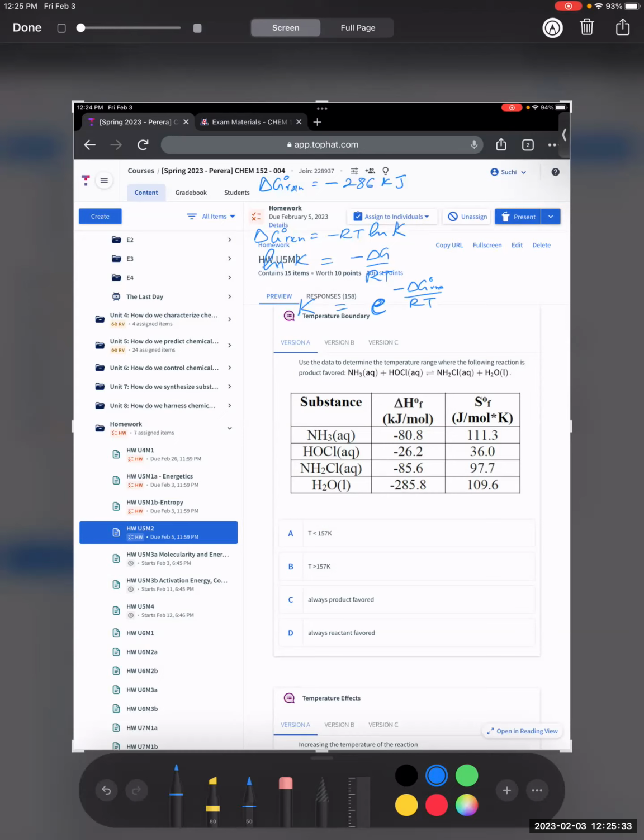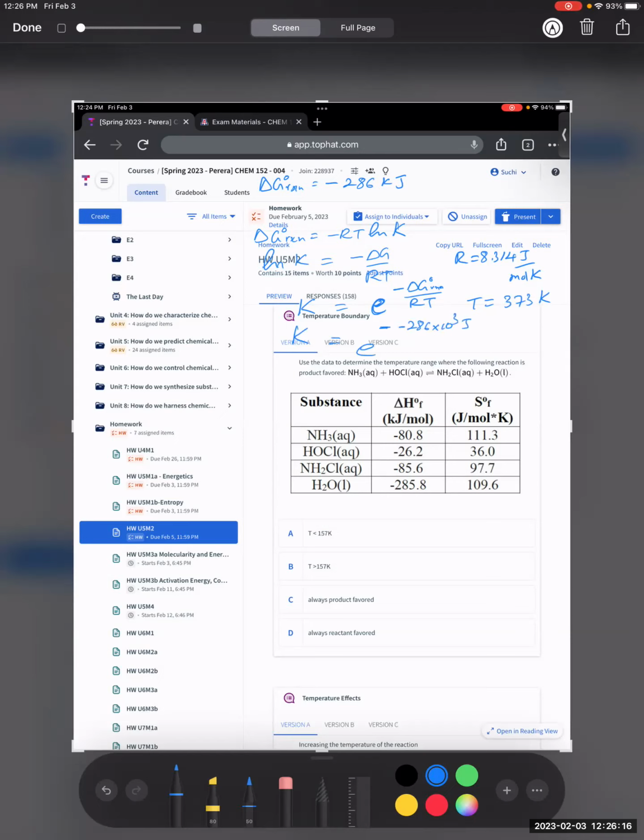Okay, now let's plug and chug our values. Here R is 8.314 joules per mole per Kelvin, and our temperature was 100 degrees from the previous question, so we can stick with that. That is 373 Kelvin. Delta G is negative 286 times 10 to the power of 3 joules.